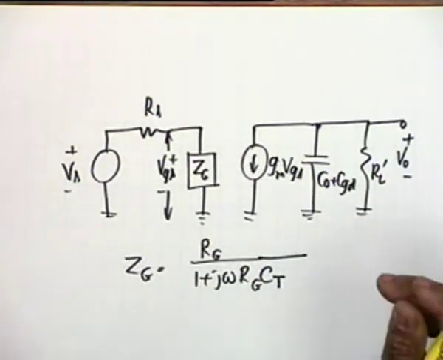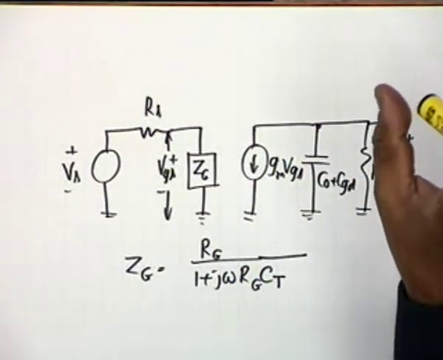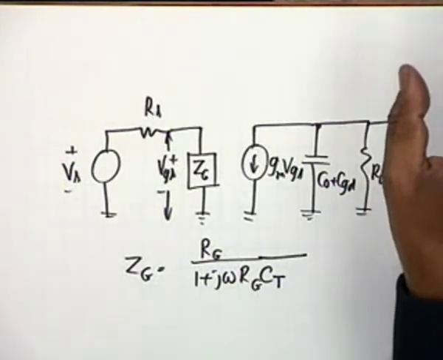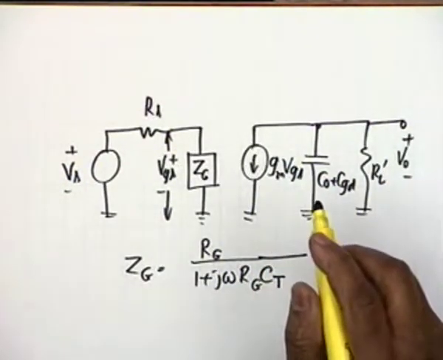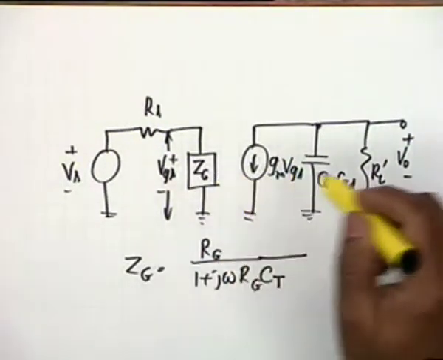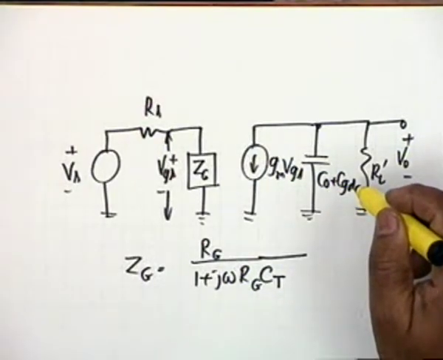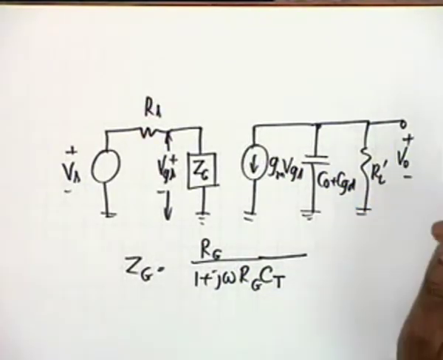Naturally, since we have converted a 3 capacitor circuit into a 2 capacitor one, that 0 in the numerator we have ignored. Okay, and there would be 2 poles now, one due to Z sub G and the other due to C0 plus CGD, as in the BJT case.